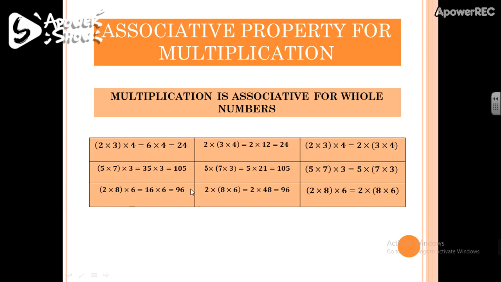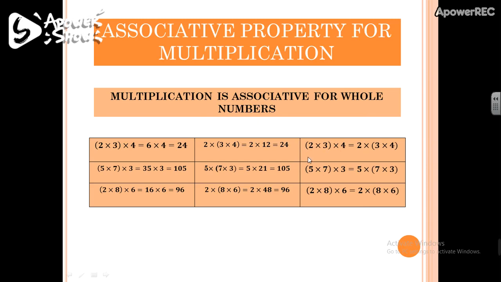And after multiplication, we are getting that the answer which we obtained in two ways is equal. Which means (2 multiplied by 8) multiplied by 6 equals 2 multiplied by (8 multiplied by 6). From these examples, we are getting that multiplication is associative for whole numbers.